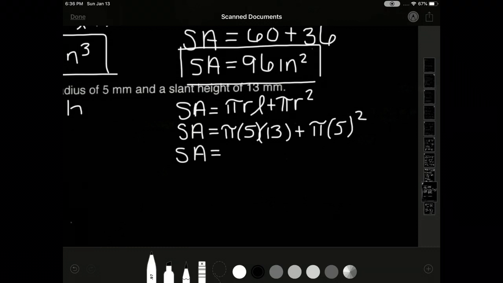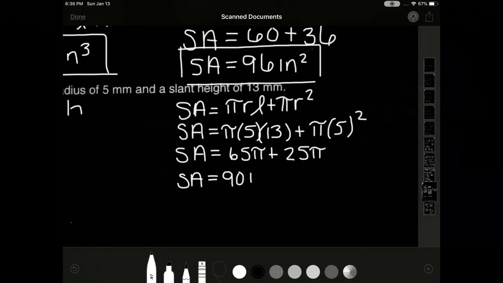So 13 times 5 is 65 pi. 5 squared is 25 pi. And then we can add 65 and 25, and we get 90 pi millimeters squared.